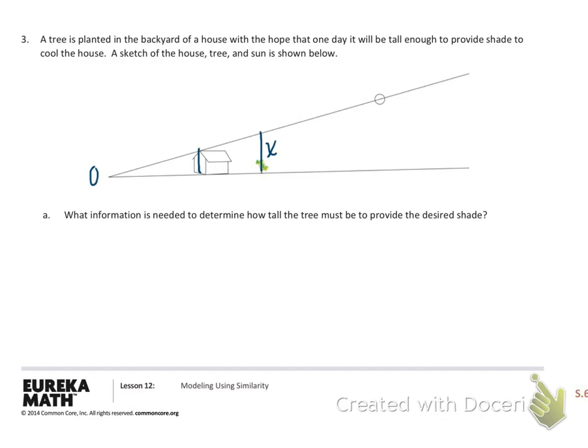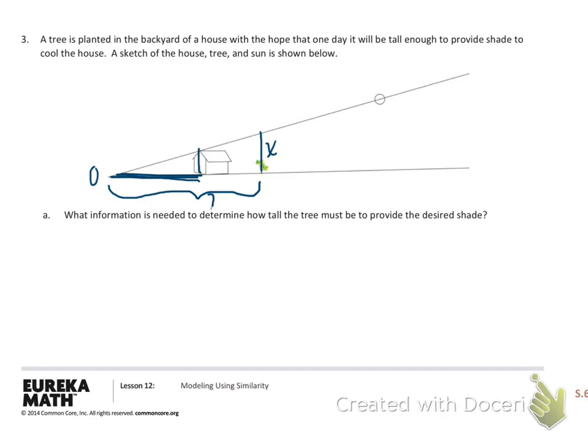We would need to know the length of the shadow cast by the house, which would be right here. And we would also need to know how far from that point we are going to plant the tree. So if we want to plant the tree there, then how far is that from the end of the shadow of the house?